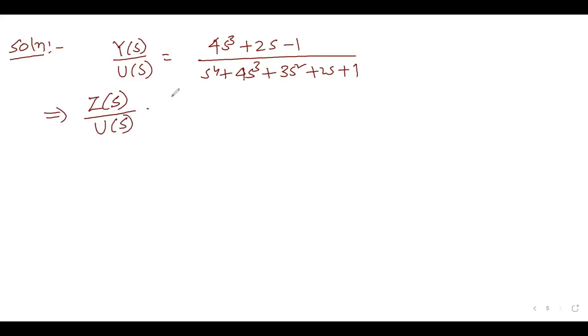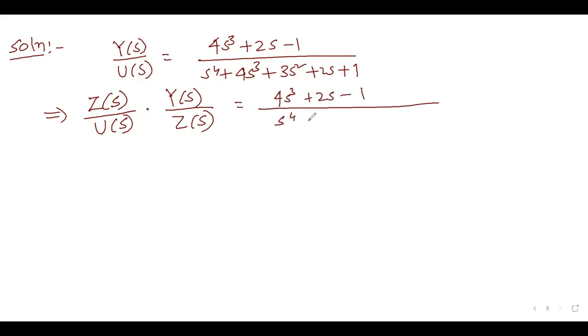So we write Z(s) by U(s) into Y(s) by Z(s) is equal to (4s³ + 2s − 1) by (s⁴ + 4s³ + 3s² + 2s + 1).